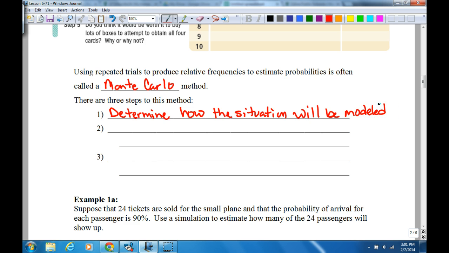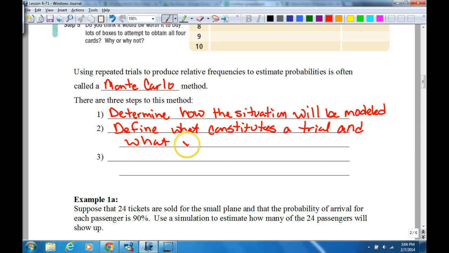Okay, step 2, you're going to define what constitutes a trial, and what will be recorded. So on the last thing that we were doing, remember we had a random number generator pick out a number from 1 to 4.